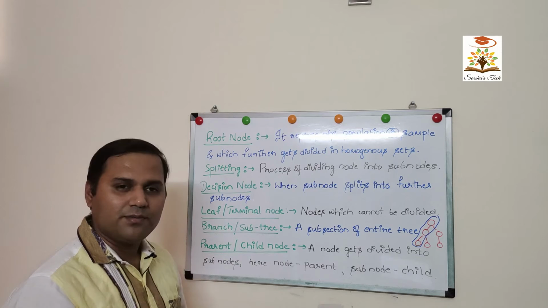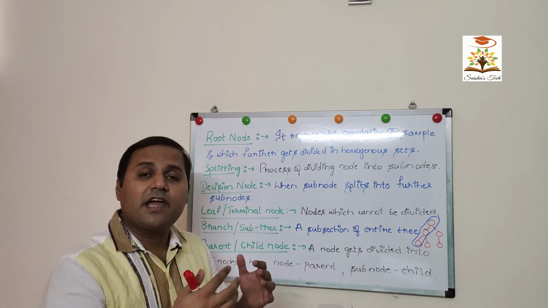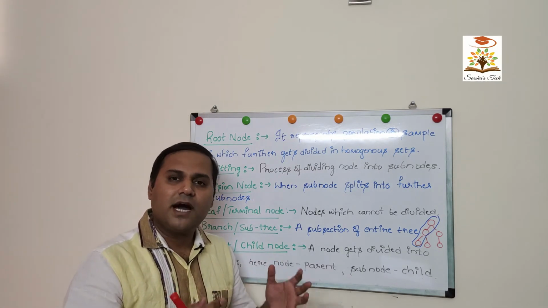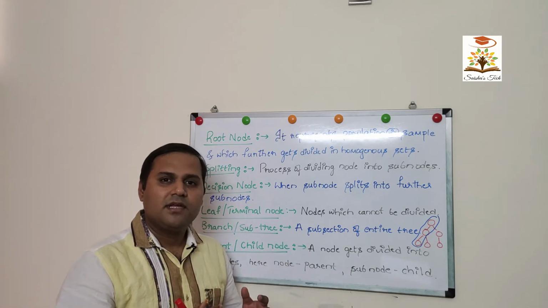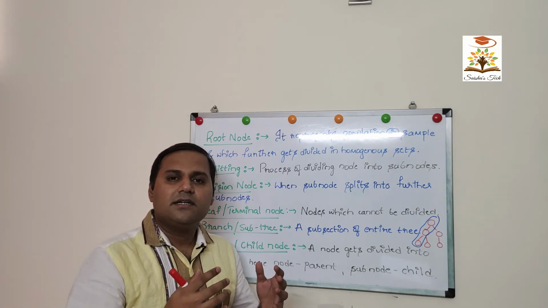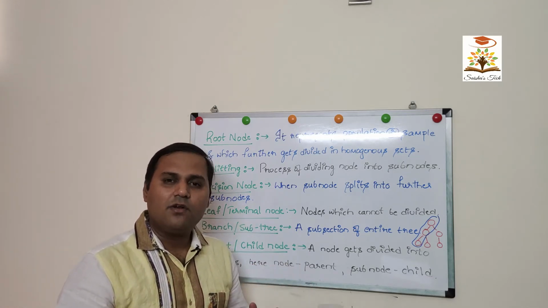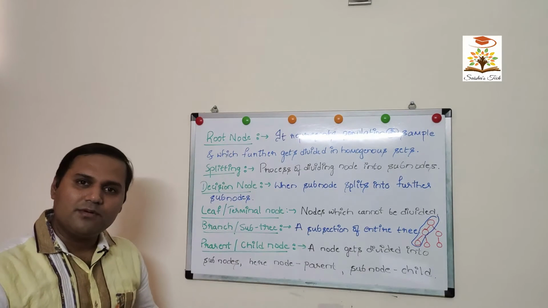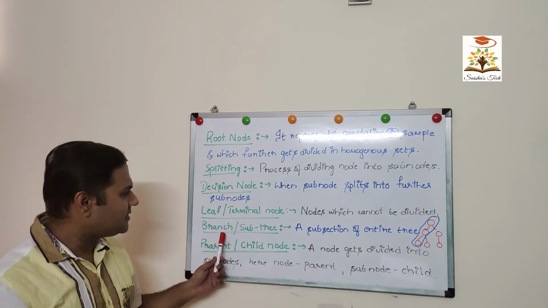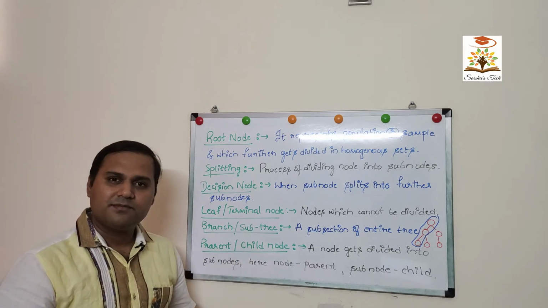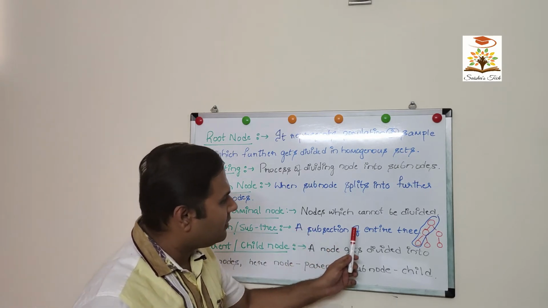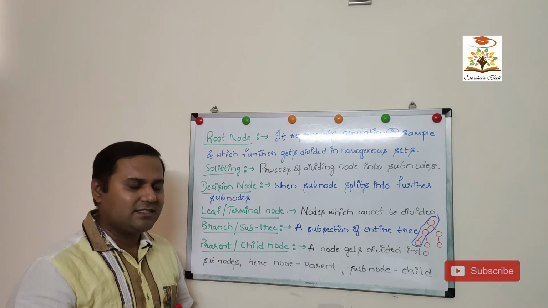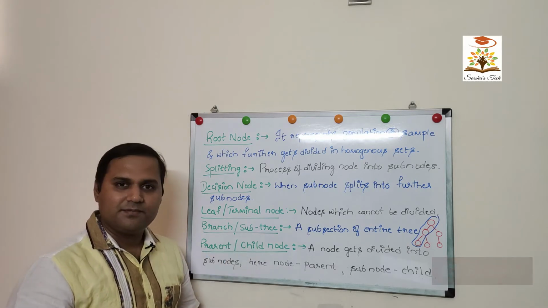Leaf or terminal node. Nodes which cannot be divided further are called leaf or terminal nodes. Here, the target attribute value is always represented in the leaf or terminal node. Branch or subtree. A subsection of the entire tree can be represented as a branch or subtree.